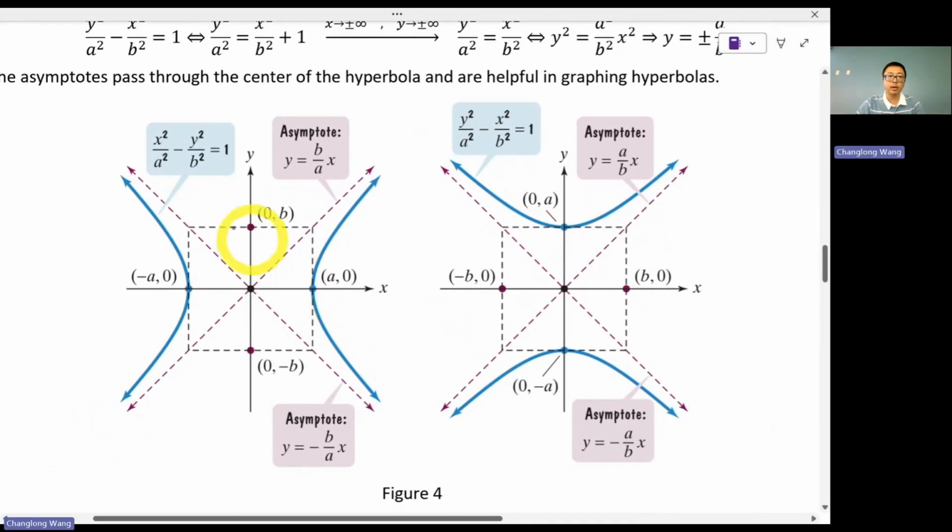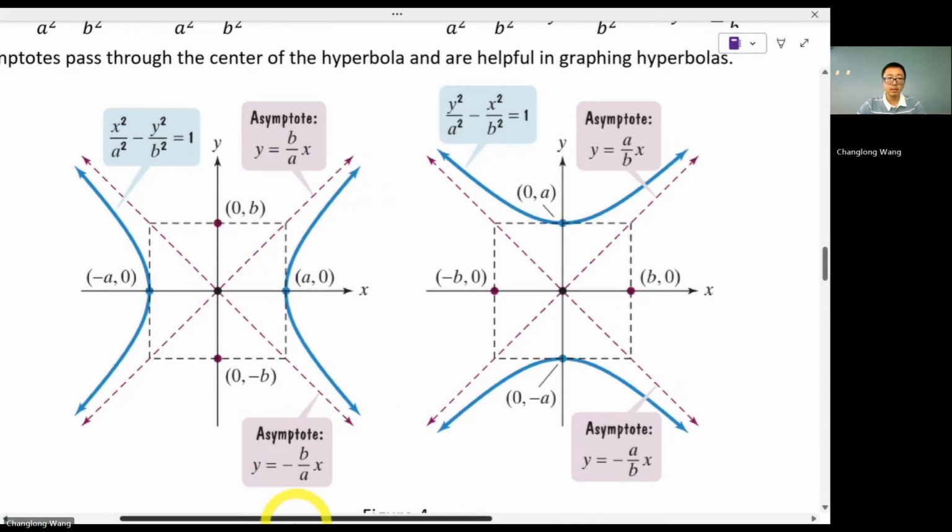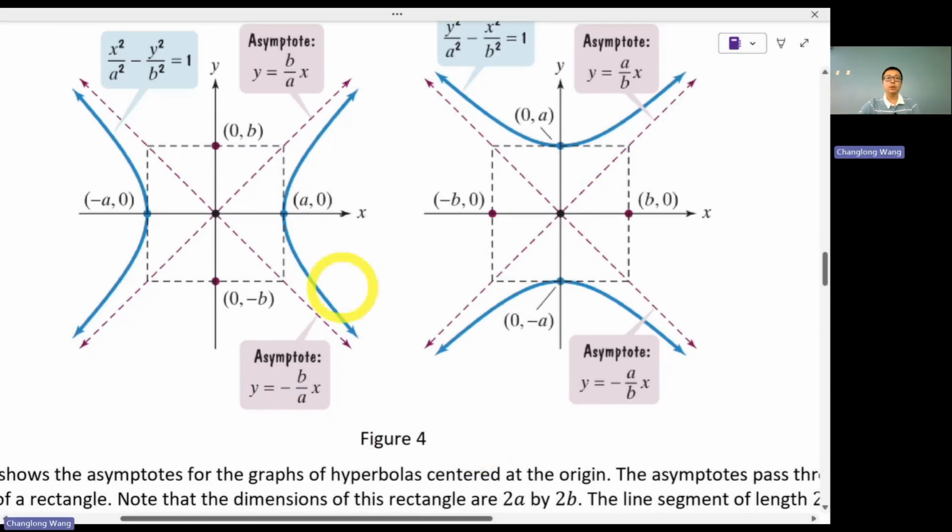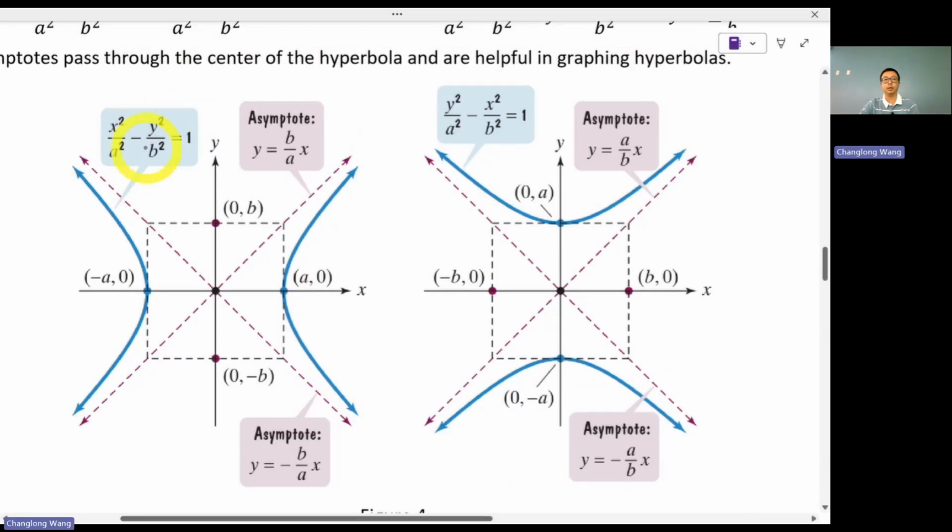So if you're wondering what the square, not a square, a rectangle with the dashed line represents, do you know that if you're given an equation of a hyperbola, you're going to know what a and b are, right? So let's say a is 2, b is 3. In order to graph the hyperbola, or even just sketch it, to make it as accurate as you can be, and also to reflect that you do have two asymptotes, what you want to do, if it's a horizontally opening hyperbola, is find the origin, which is the center of the hyperbola.